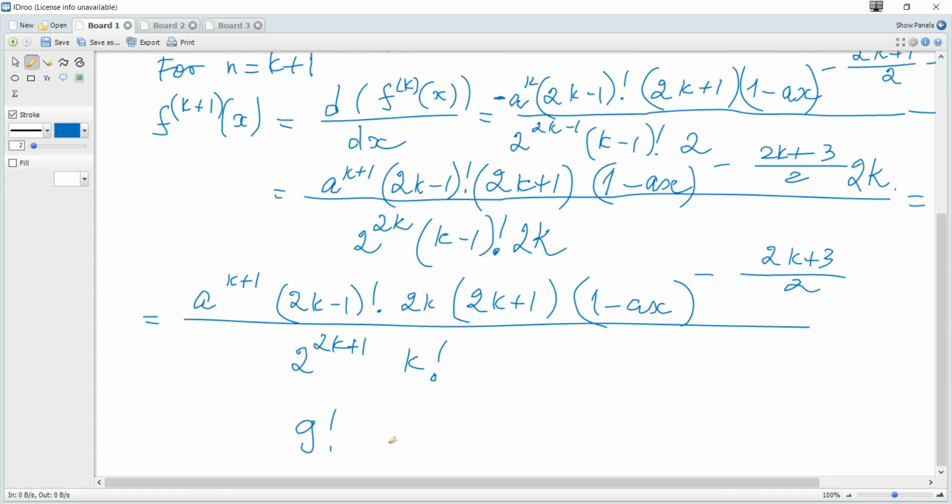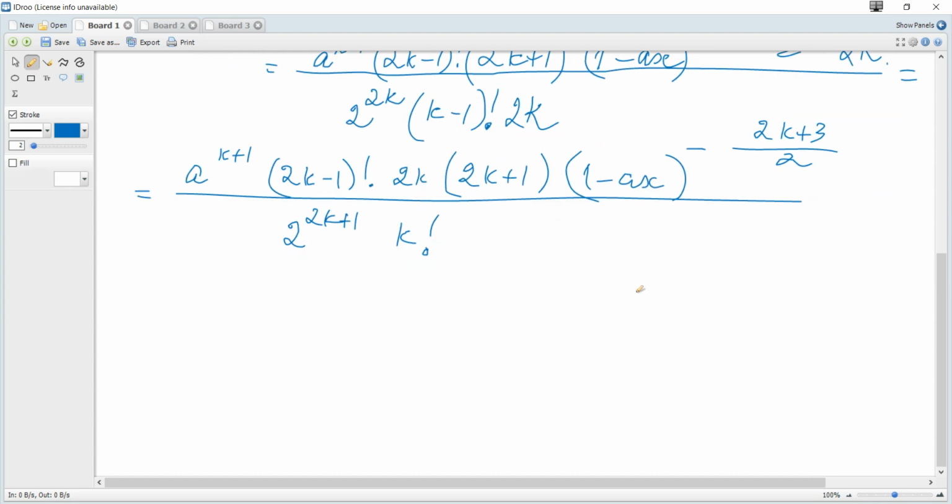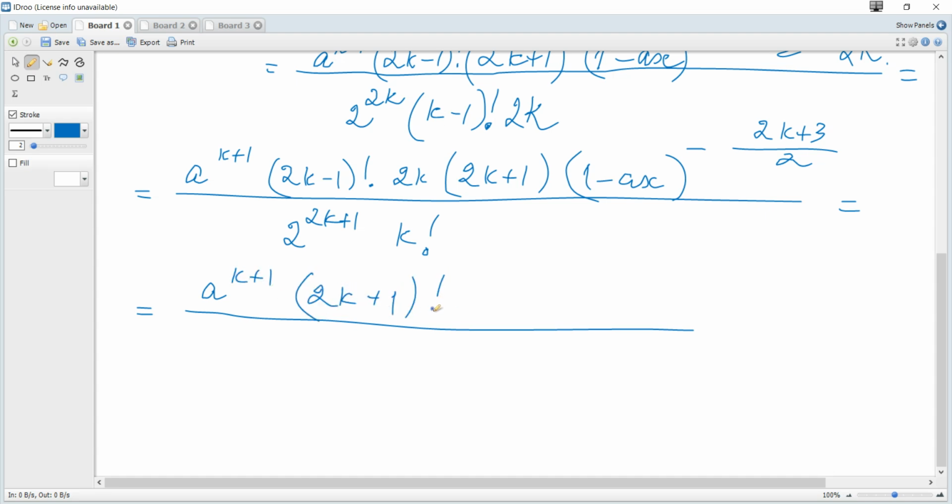It's like 9 factorial, 10 factorial, and it's like 9 factorial times k times 11, because 2k is the next number, 2k plus 1 is 1 more, so eventually it's like 11 factorial, so it's the same as just 2k plus 1 factorial, so it becomes a to the power k plus 1, 2k plus 1 factorial, 1 minus ax to the power of negative 2k plus 3 over 2, 2 to the power of 2k plus 1, and k factorial.